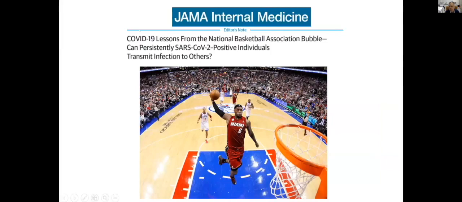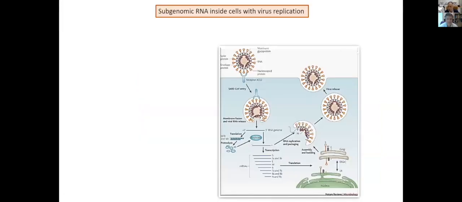Finally, a problem of persistent PCR positivity in a lot of our patients. A recent study on these people tried to answer the question of whether these prolonged shedders are really infectious. So here, I would like to bring in the concept of subgenomic RNA testing.